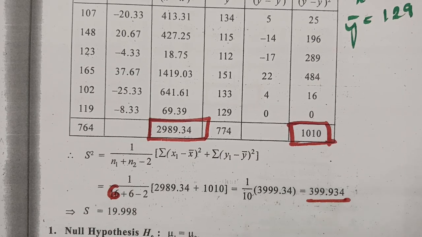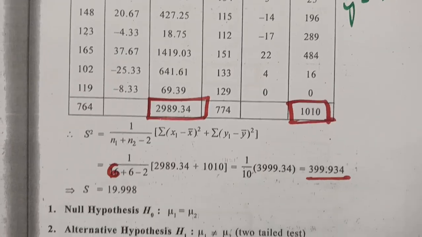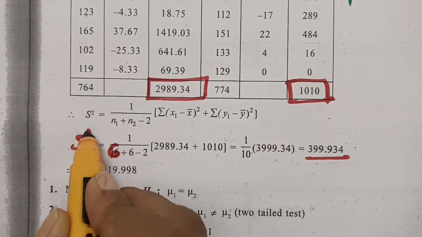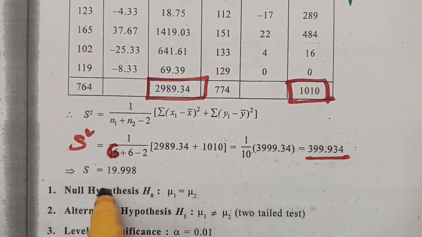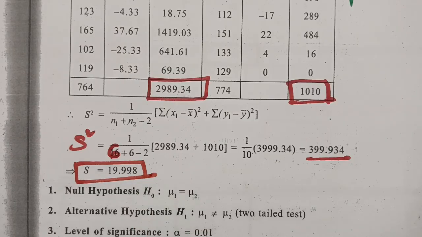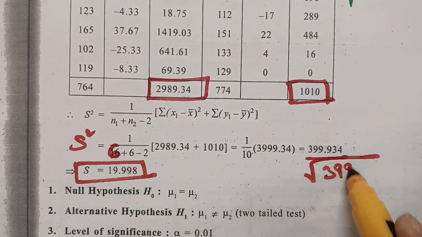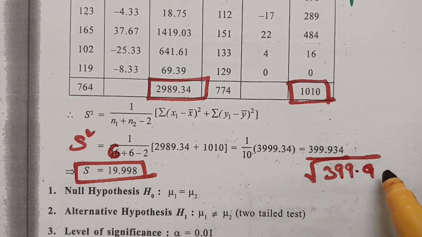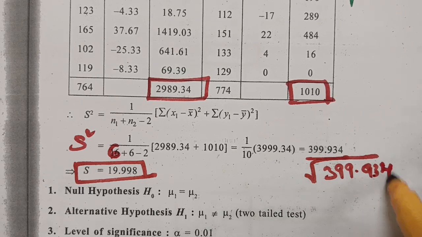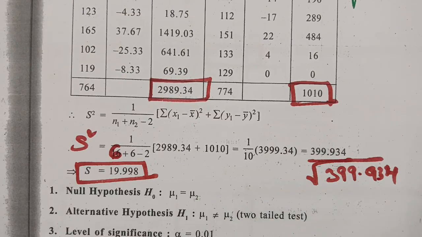The value here is 399.934. So this is the variance value. If you take the square root, the standard deviation value is root over 399.934, and the value here is 19.998.